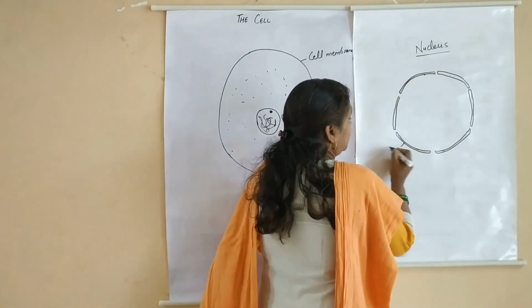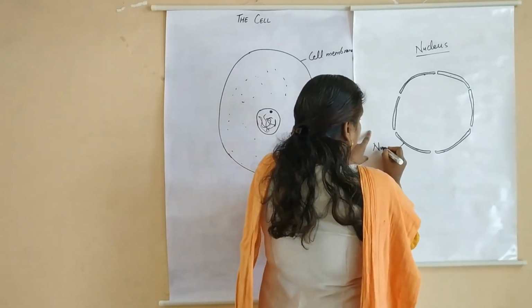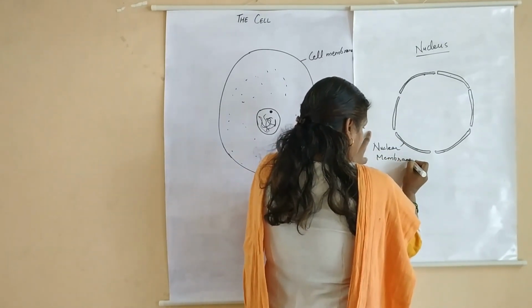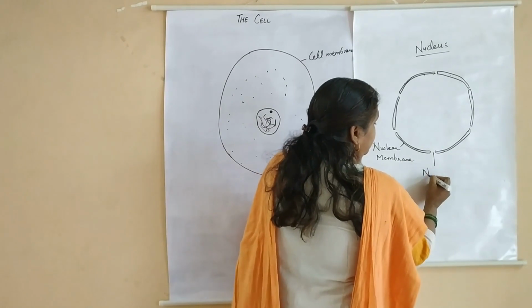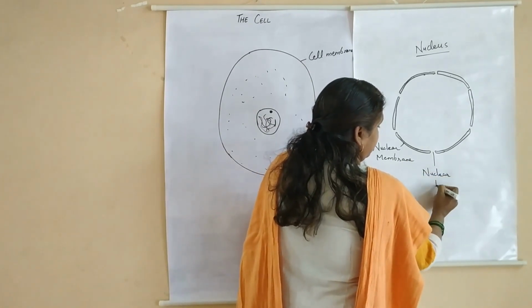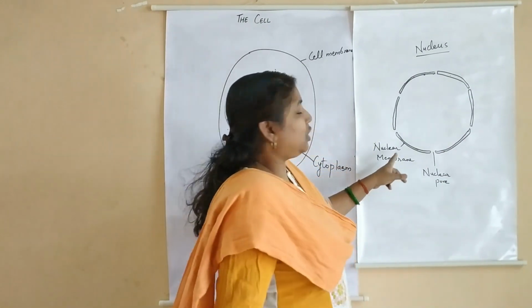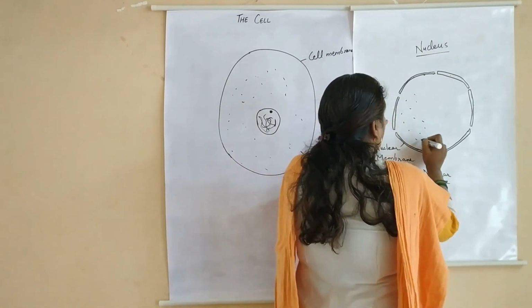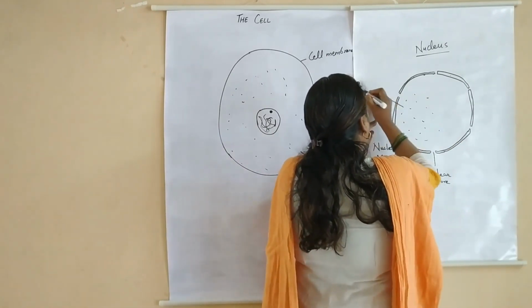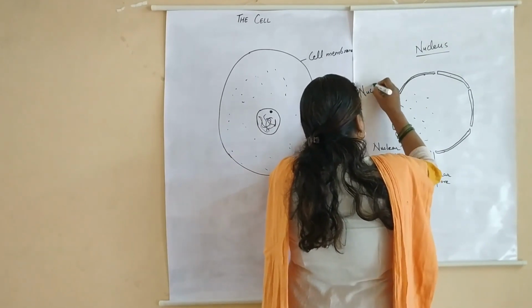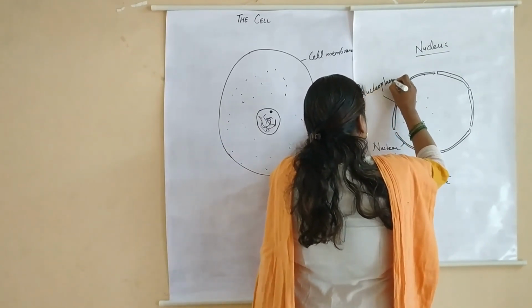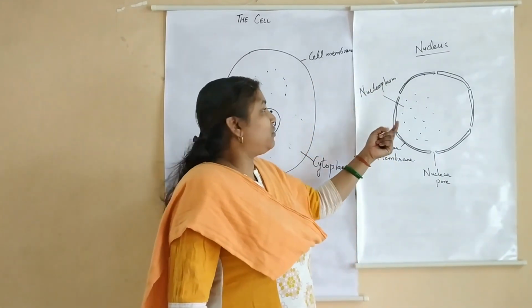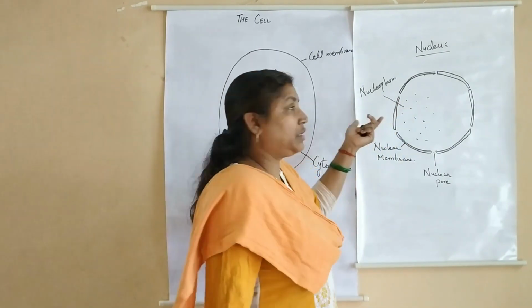So this is your nuclear membrane and nuclear pore, and this is filled with a fluid called nucleoplasm. Nucleoplasm is thicker than the cytoplasm. It is a somewhat jelly-like structure, thicker than cytoplasm.